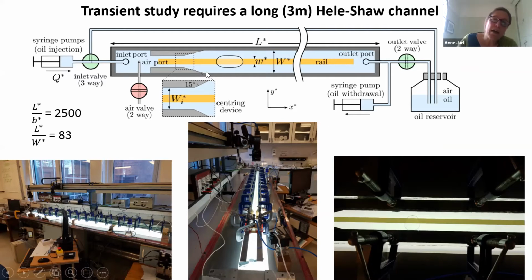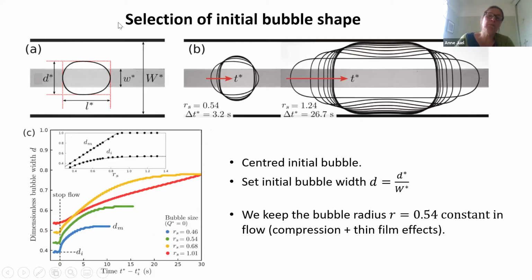The other thing worth saying about this experimental setup is that this is a very long channel, but the features are extremely well controlled. So geometry is extremely well controlled, and that's the reason we're able to get these very systematic and reproducible experiments. And I'm saying that because as we increase the flow rate, we're going to see that we lose reproducibility. Okay, so we can set a bubble going in the channel with a constant flow rate.